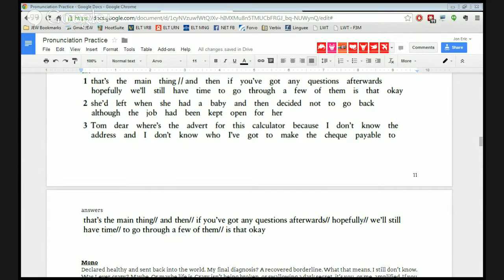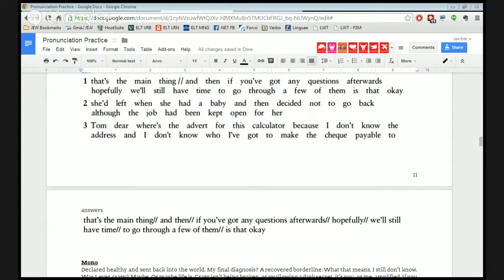One pause is after left. Go ahead, Tony. Correct. One is after baby. One is after back. One is after although. That's good.